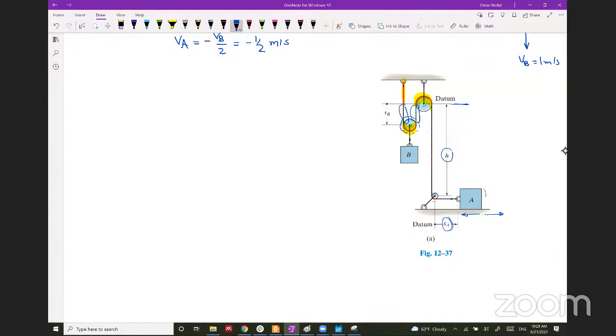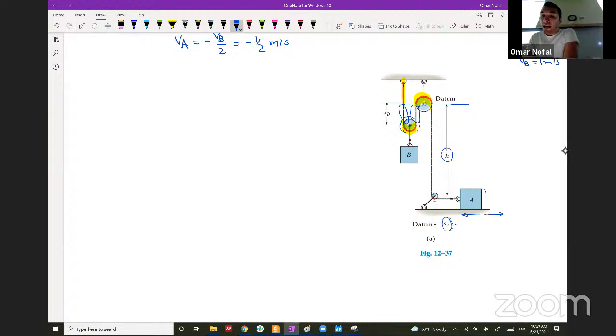Wouldn't that one be constant? Exactly. Why? Because it's between the pulley that's locked in place on the roof and the pulley that's locked in place on the ground. Exactly. Yeah, because we have a fixed axis. This pulley is locked and this one is locked as well. So when you put the equation and differentiate, H will be 0 because it is not changing. It's because it's in between two locked pulleys.